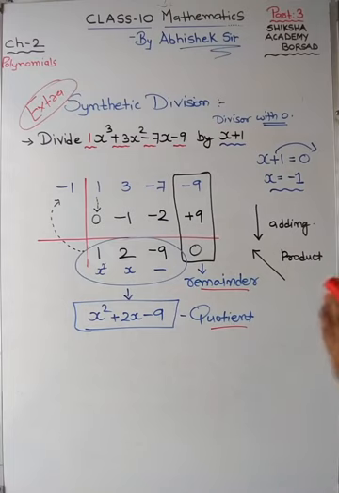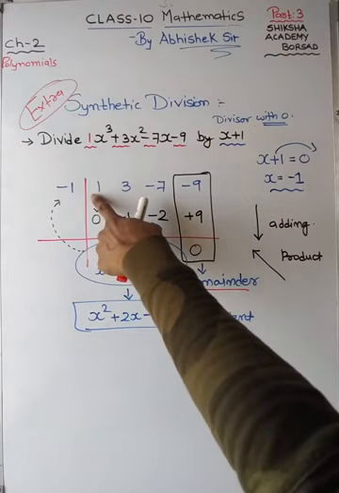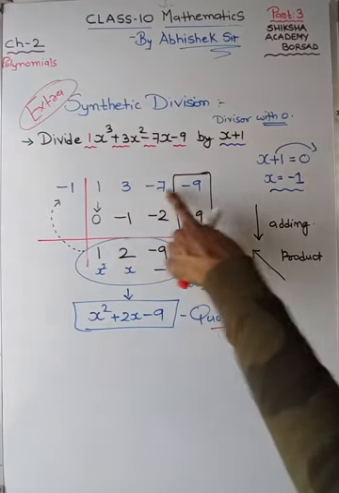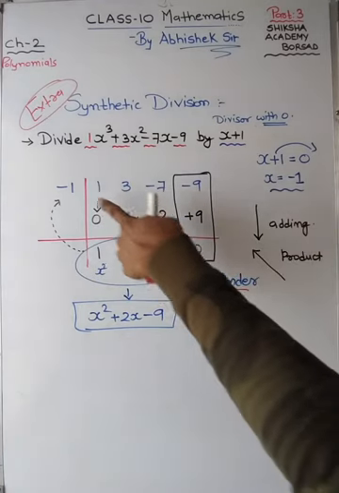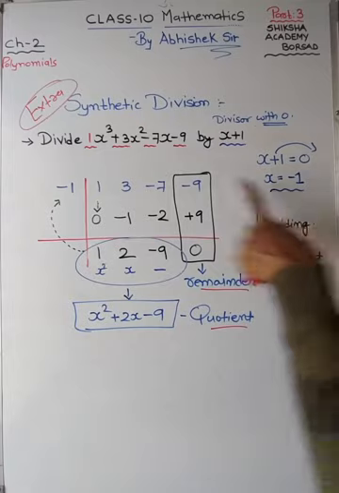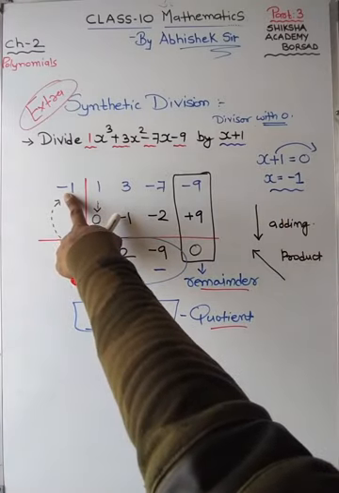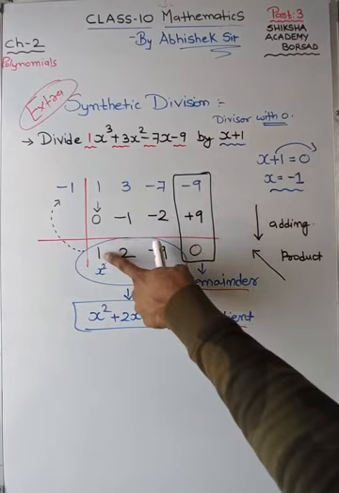Quickly before ending, let me tell you, we wrote all the coefficients over here, 1, 3, minus 7, minus 9. Then we equated the divisor with 0 and got the value of x. We put this value of x over here. First we start with putting 0. Top to bottom always add or subtract.